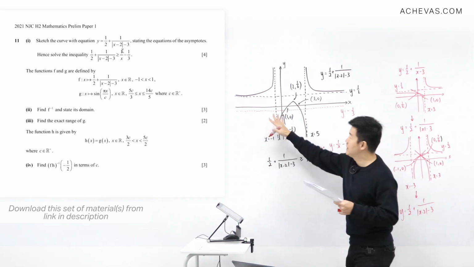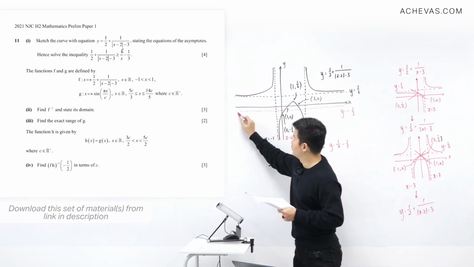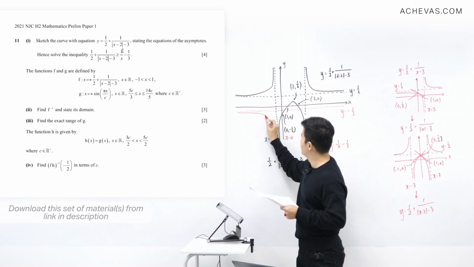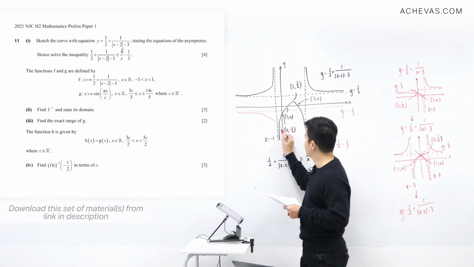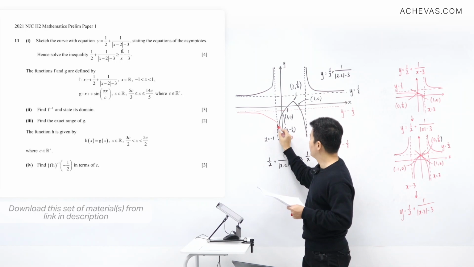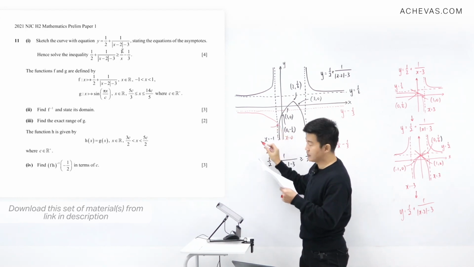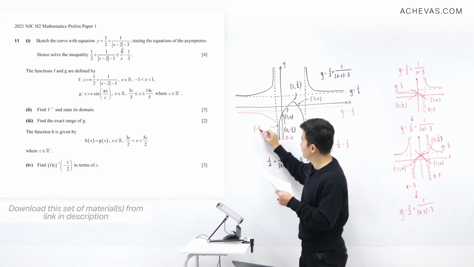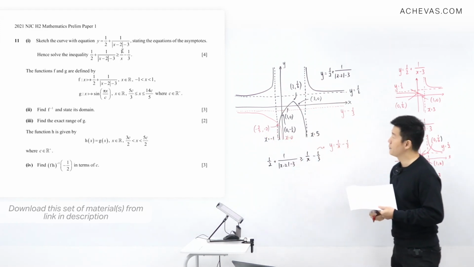I think this portion here is fine. If I just follow what I have on the calculator, sketching this part is not too bad. It is going to be like this, and the place where it intersects has an x coordinate of minus 3 over 5. The y coordinate is minus 2.